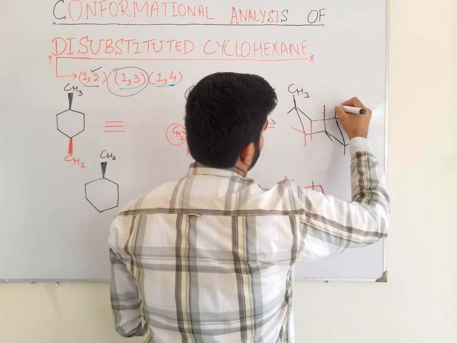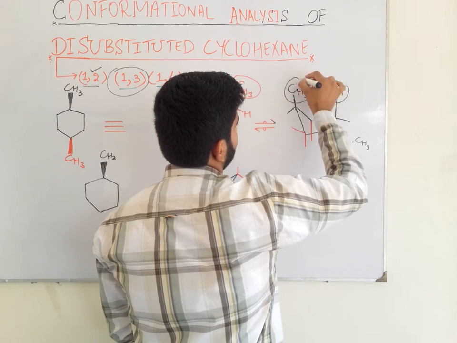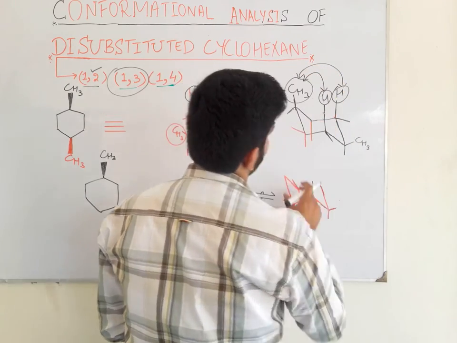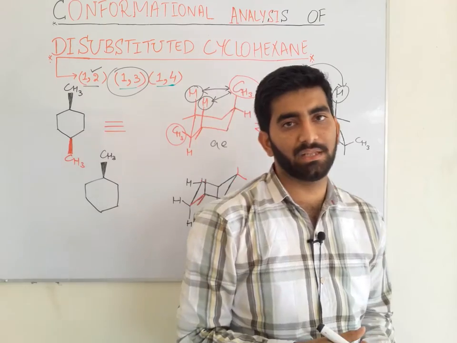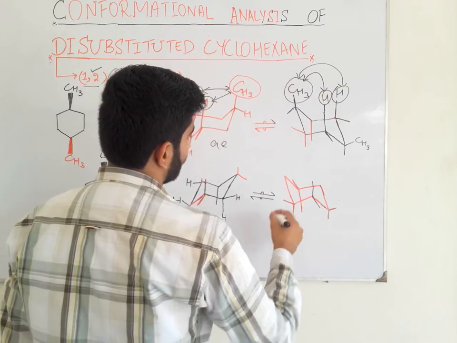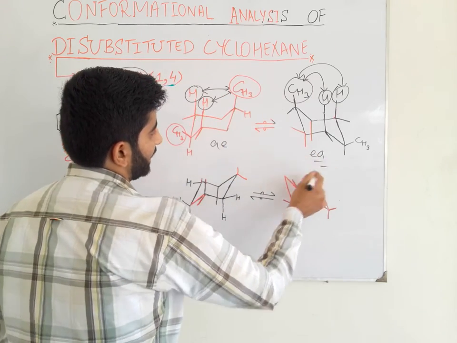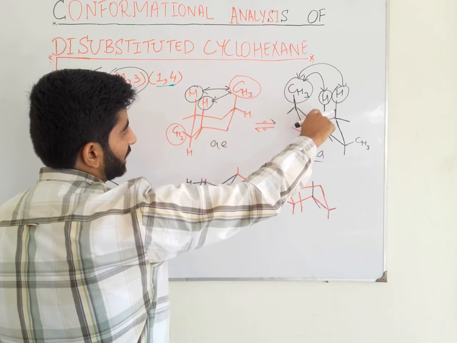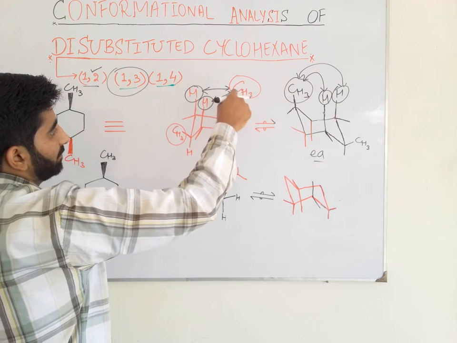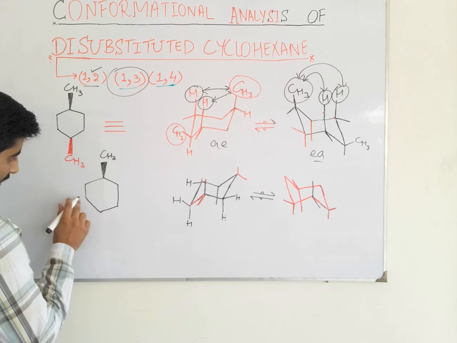There is a 1,3 diaxial interaction between these two diaxial hydrogens and this bulky methyl group. Due to the steric repulsion between one methyl group and two diaxial hydrogens, this conformation is less stable, and the stability of AE is approximately equal to EA, because there is only 1,3 diaxial interaction between one methyl group and two diaxial hydrogens.